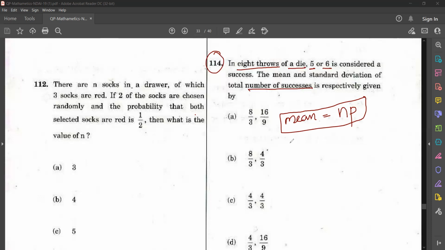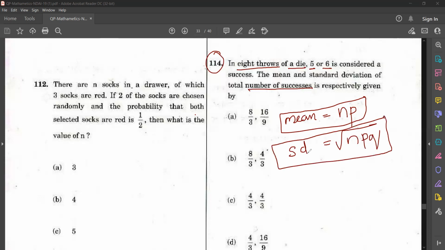Mean is equal to NP. What is standard deviation? Standard deviation is root of NPQ. If you don't know, please write down this formula. If you know this formula, it is very easy to solve this question. So mean is N into P, standard deviation is root of NPQ.